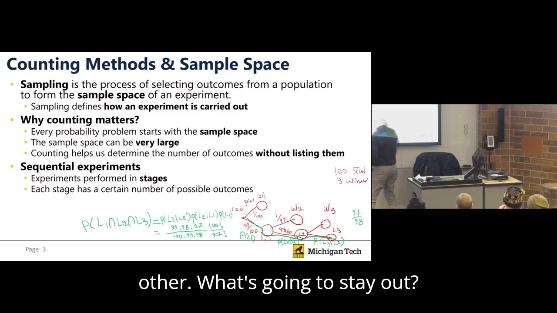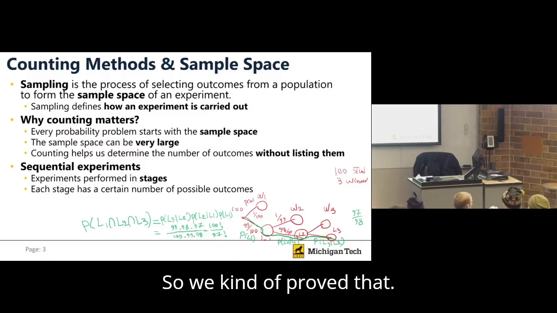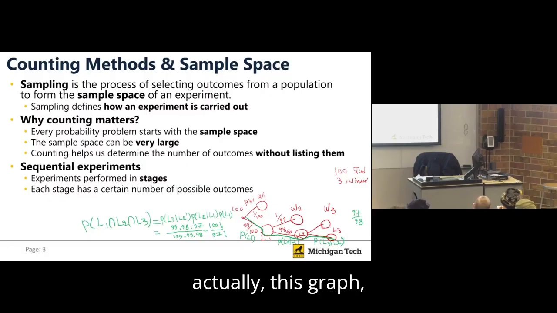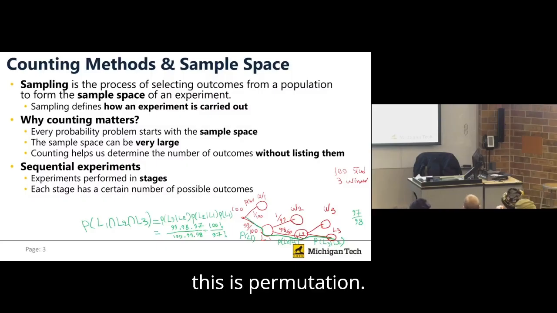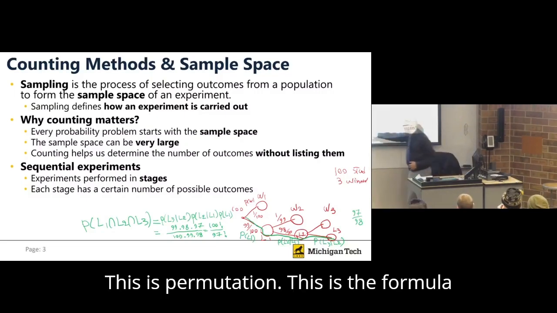What's going to stay out? This is going to stay out. So we kind of proved that. It's not a proof, it's just showing that this graph, this tree, is showing this is permutation, because we are selecting with order. This is the formula for permutation.